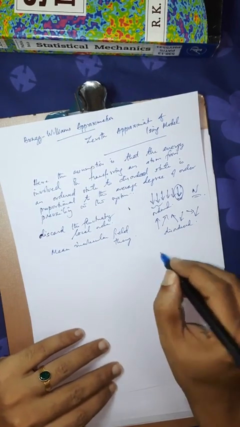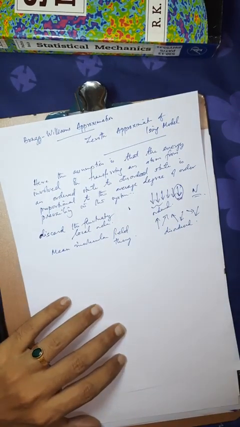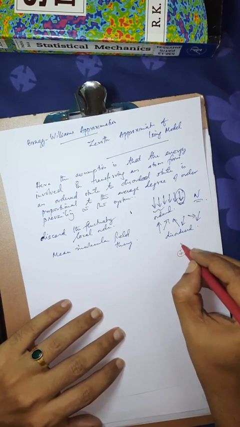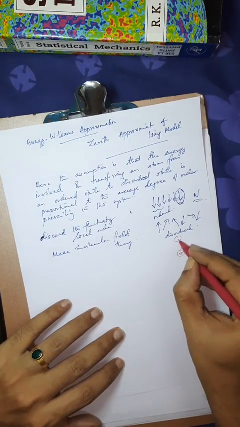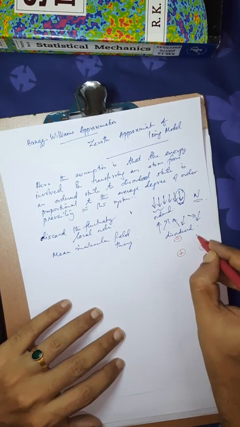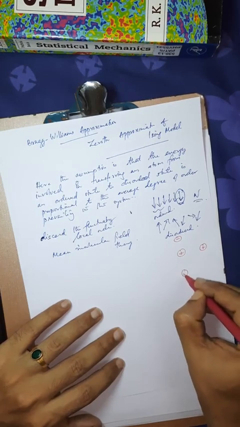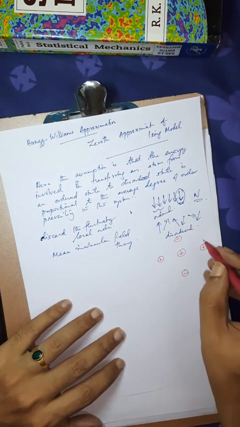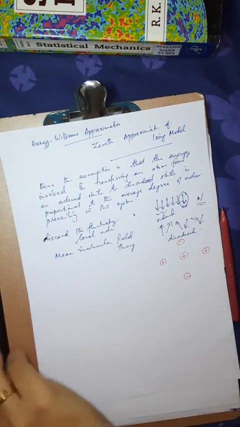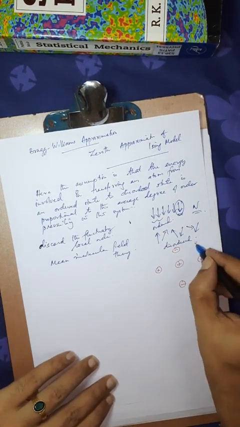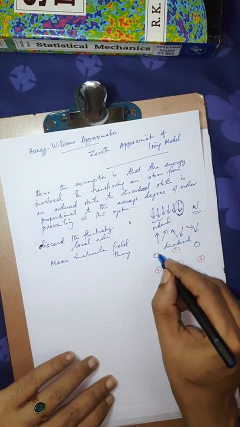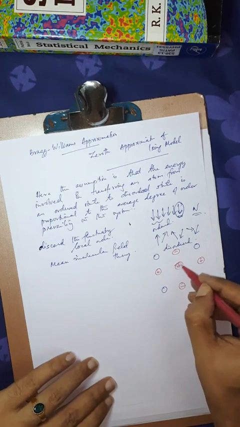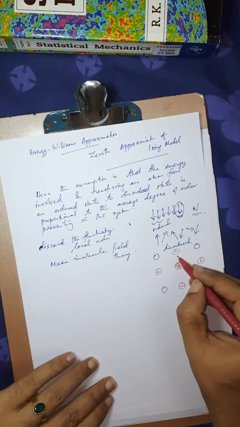If you remember that diagram, say I have one lattice point like this, and I can have different neighbors like this. These are the nearest neighbors of this two-dimensional lattice for this red one, whereas these are the next nearest neighbors.